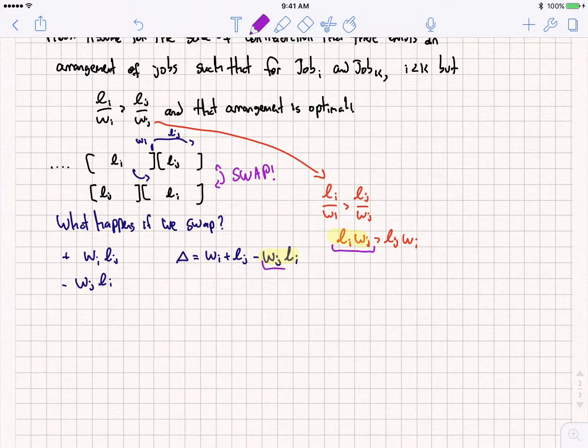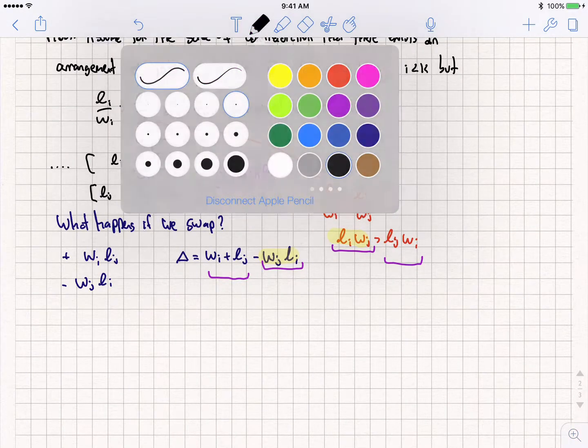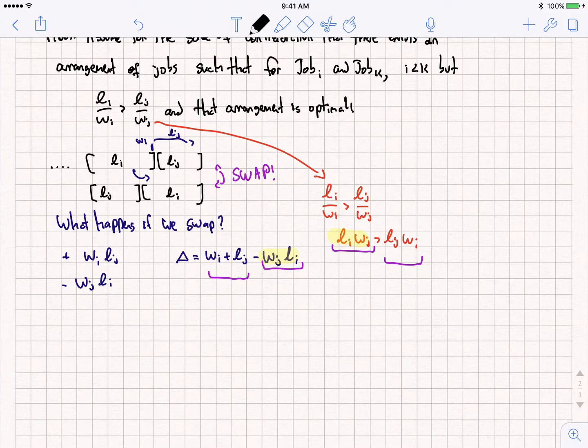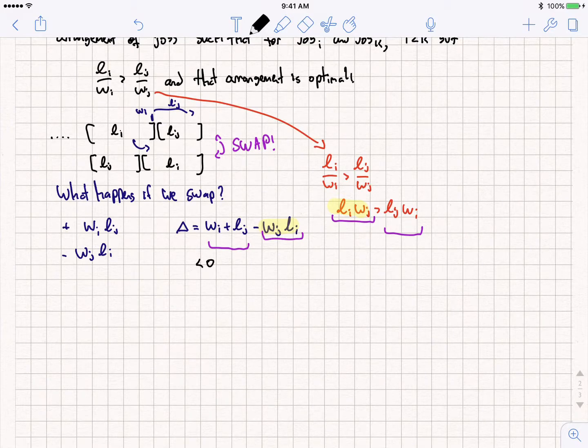We have these two terms matching up. Since we have these two aligned, we have that our delta is actually less than 0. Because this value over here is greater than the other one, when we're subtracting, we're subtracting a larger number, and we're going to be getting a negative.